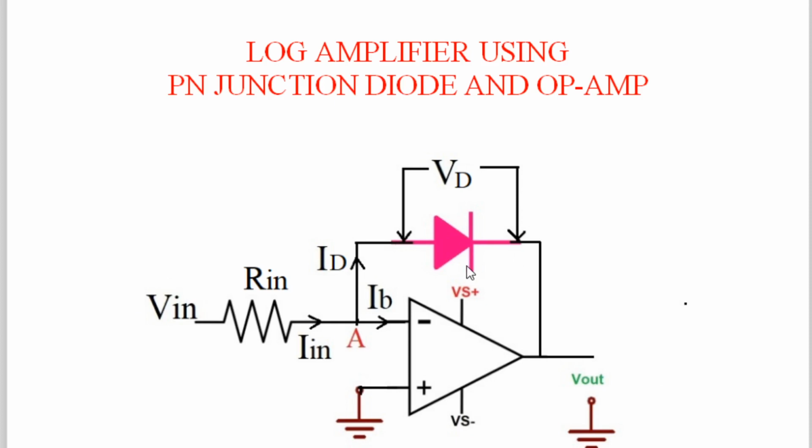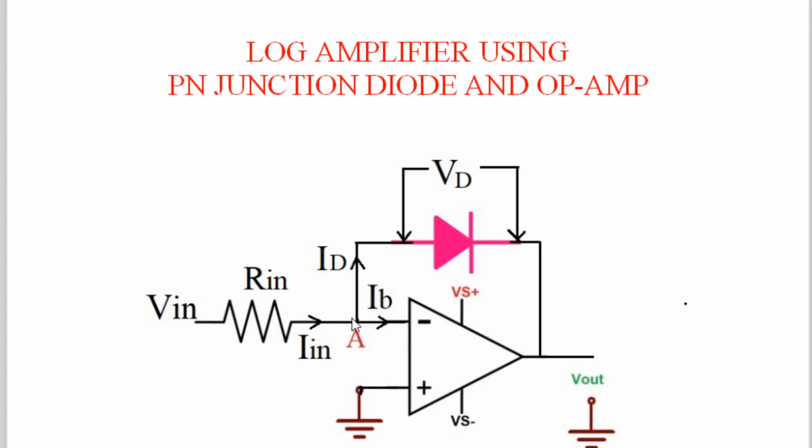In this circuit diagram, you see very carefully, the op amp is used with a dual power supply, and it is in inverting mode because the input voltage is applied through resistance Rin to the inverting input. The non-inverting pin, which is not used, is grounded, and the output is measured with reference to ground. This ground is the dual power supply's ground.